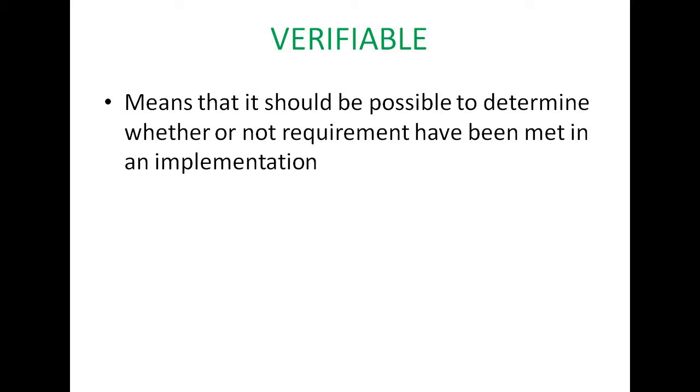Traceable means different phase results are verified. Okay, previous result and current result. What is the difference? What are the different changes? Those are traced out. Verifiable means the requirements are properly implemented or not. That is the meaning of verifiable. Okay.